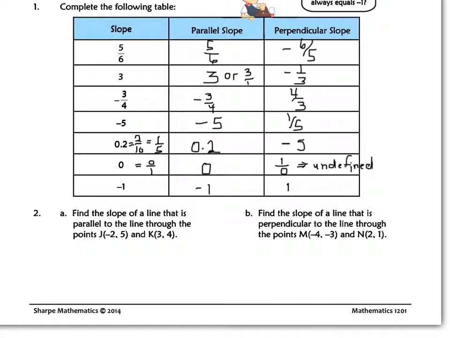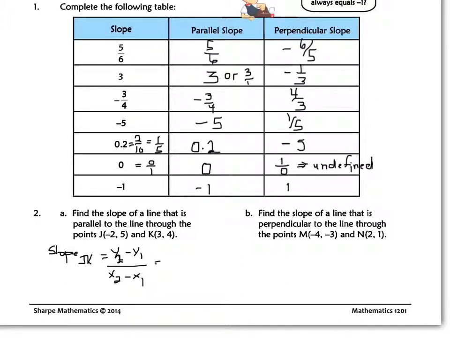Okay, so the last question here on this page asks you to find the slope of a line that's parallel to the line through the points J and K that are given. So first thing we need to do is find the slope of JK. And we can use our slope formula, y2 minus y1 over x2 minus x1.